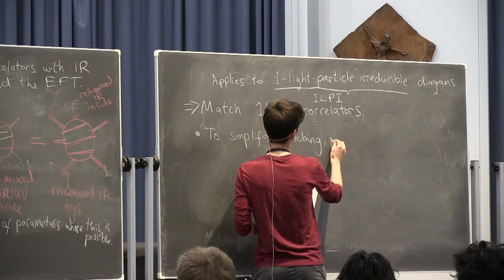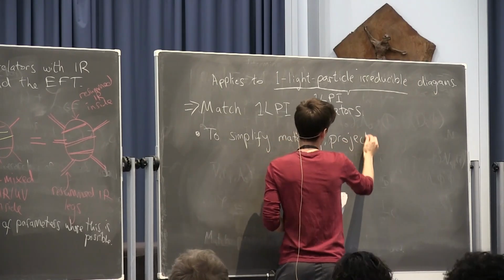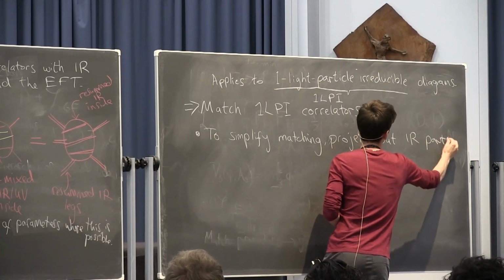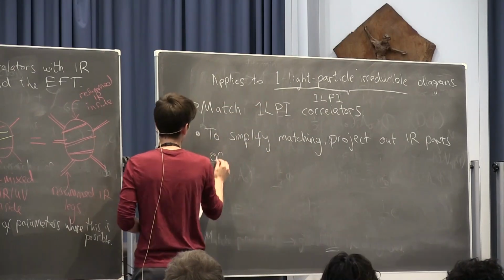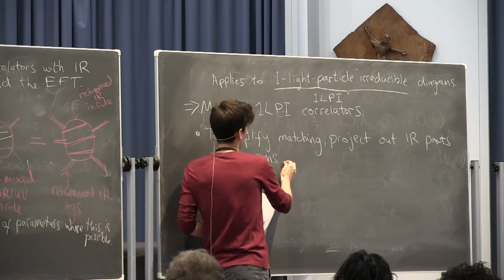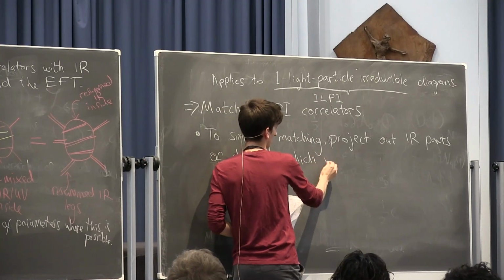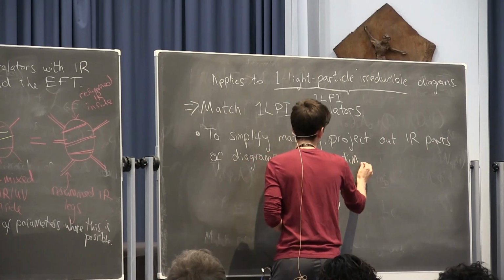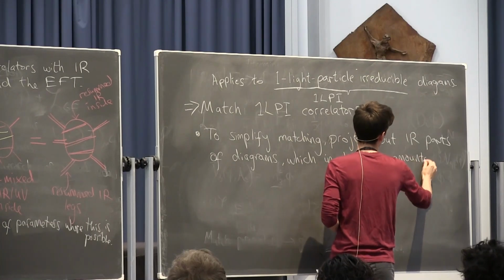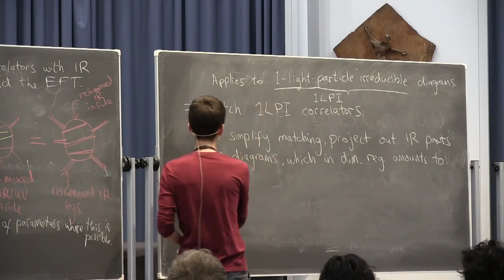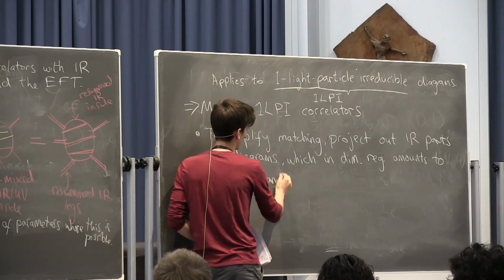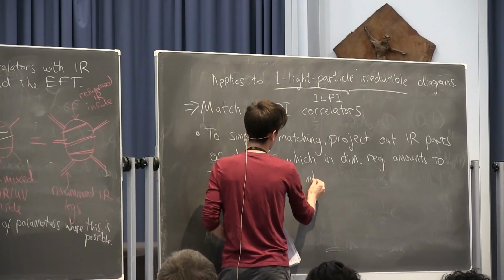So to simplify matching, we project out IR parts of diagrams. And if we're using dimensional regularization, this amounts to Taylor expansion in integrands.